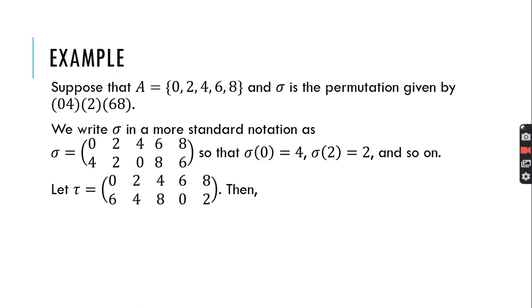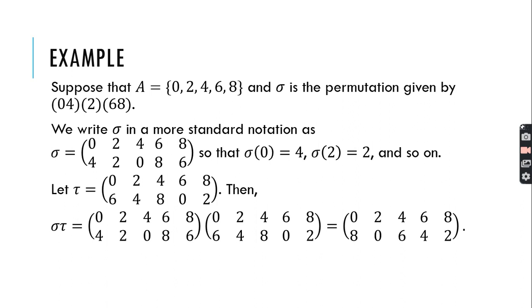Let tau be the permutation of 6, 4, 8, 0, and 2. Then, we can now perform permutation multiplication simply by applying function composition. First, we start with 0.